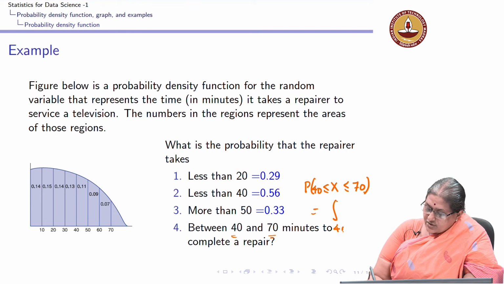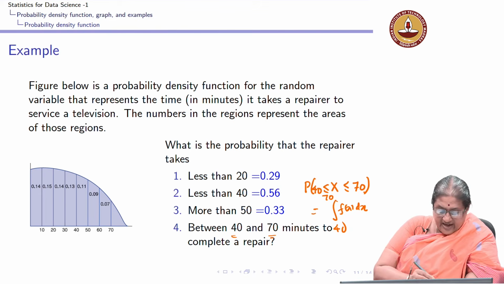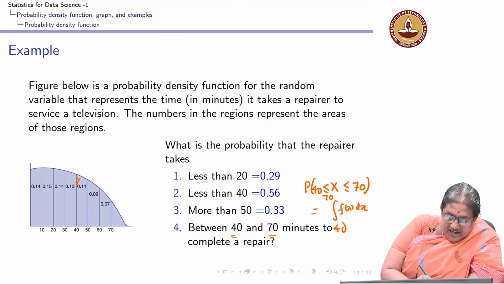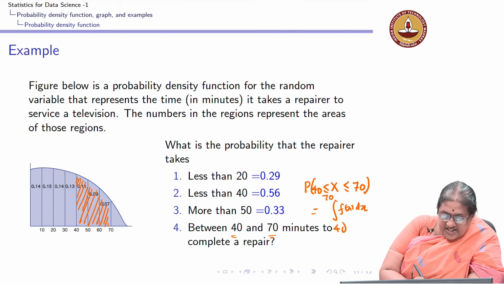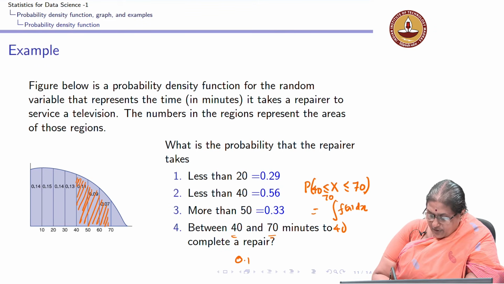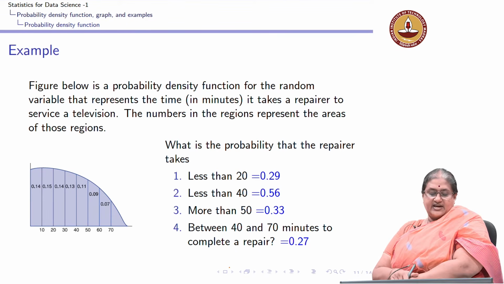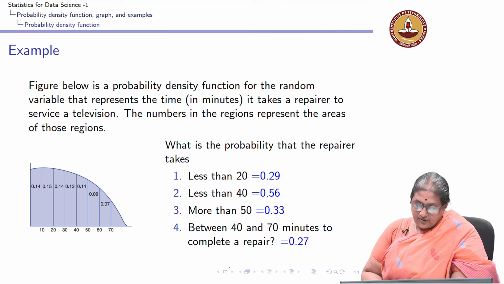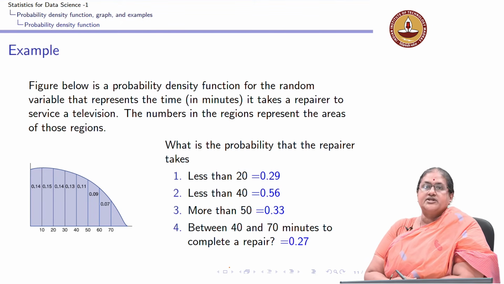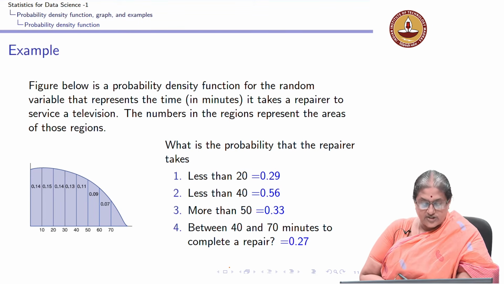I know this is going to be the integral from 40 to 70 of f(x) dx, the area, and that is the shaded area which I have here, and that shaded area is going to be 0.11 plus 0.09 plus 0.07, which is 0.27. So, the chance that the repairer will take between 40 and 70 minutes is 0.27.